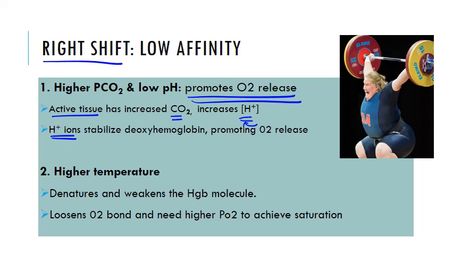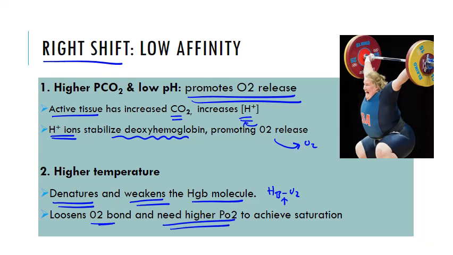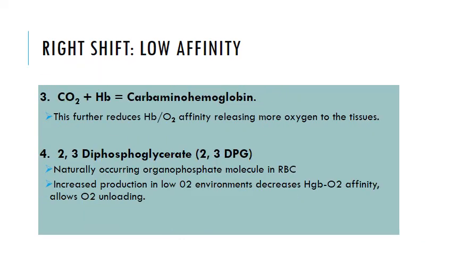These very ions stabilize portions of the deoxyhemoglobin, which promotes oxygen release. When there is higher temperature, this tends to denature the hemoglobin and weaken that hemoglobin-oxygen bond. This loosens the bond, and overall it's going to need more oxygen in dissolved plasma, or PO2, to achieve that same saturation.